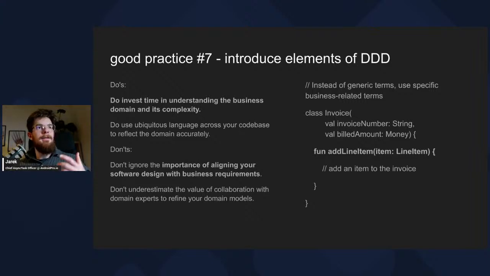And the simplest thing we can introduce from DDD to our application is to use business-related terms in all of our platforms. If we have some kind of invoice in our system, it should be called an invoice on Android, on iOS, on front-end, on back-end, in our CRM system, everywhere. And I think that's the most important rule.